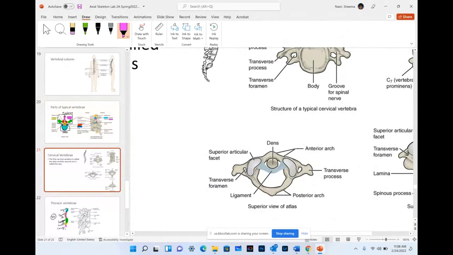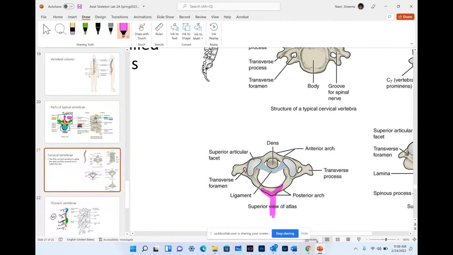Atlas is the only vertebra that does not have a spinous process. Do you see any spinous process? No. So this is the only vertebra that does not have a spinous process. And that would be this one. And you can see that right here, it does not have any spinous process.